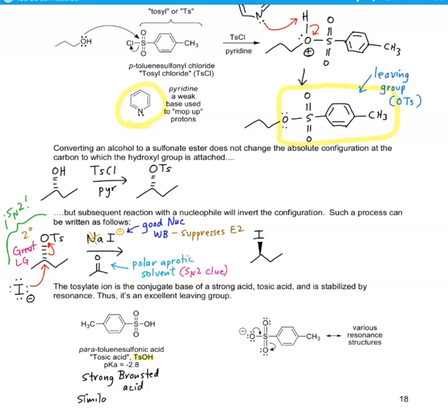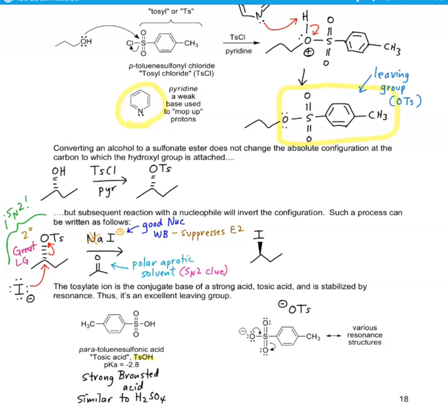So this is similar to sulfuric acid. And as such, its conjugate base is going to be exceedingly weak. In this case, it's stabilized by resonance. So this over here is the structure of OTs minus. So that's why it's such a great leaving group.